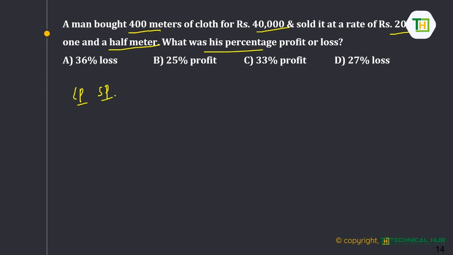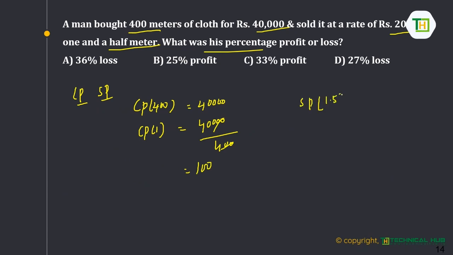Okay. So what is given here? So cost price of the 400 meters is equal to how much? 40,000 is given. Then the cost price of the 1 meter is equal to how much? So 40,000 by 400 is equal to 100 rupees. And selling price of the 1.5 meters is equal to 200 is given.